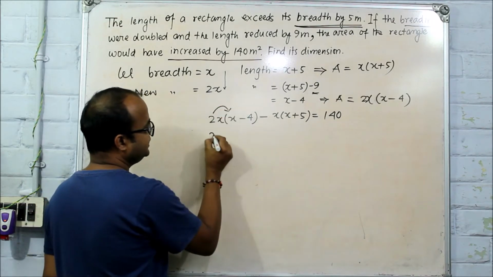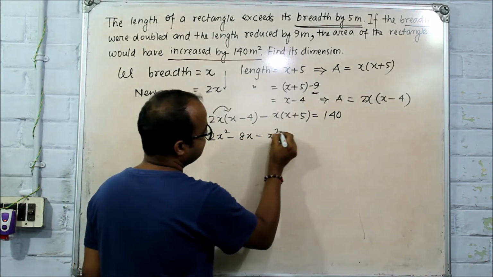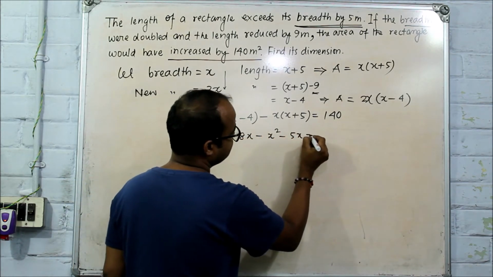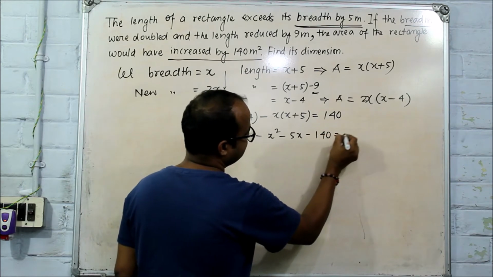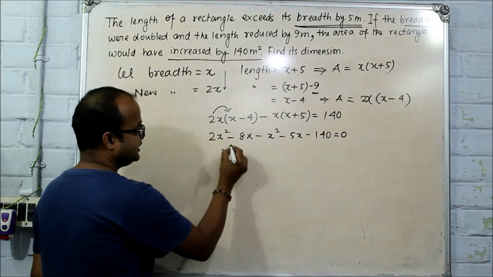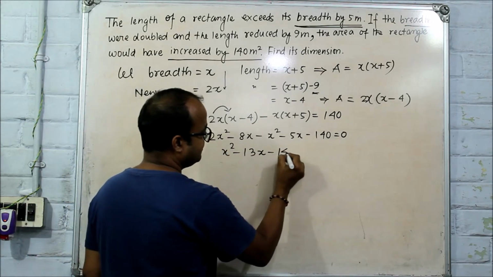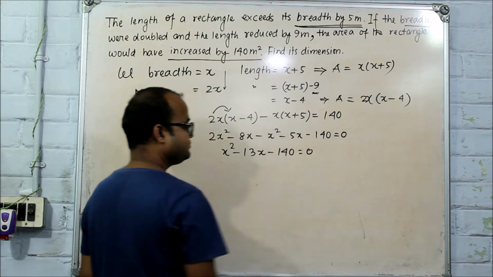So if you multiply, you get 2x square minus 8x minus x square minus 5x minus 140 equal to 0. I am taking this term to this side. So x square minus 13x minus 140 equal to 0.